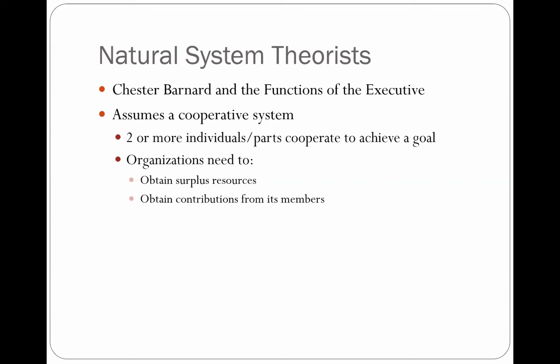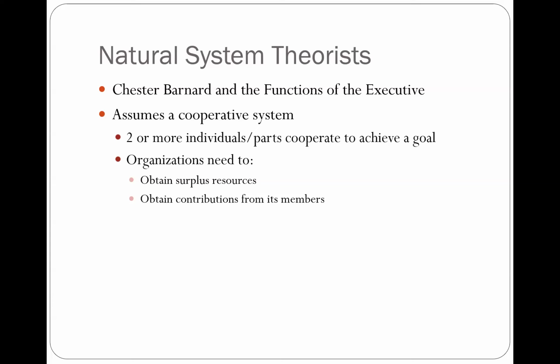And the argument that Chester Barnard makes, if you remember back to our discussion of Barnard with human relations, is that for managers and their organizations to be effective, that effectiveness is predicated upon the cooperation and the compliance of the individual employees within that organization.